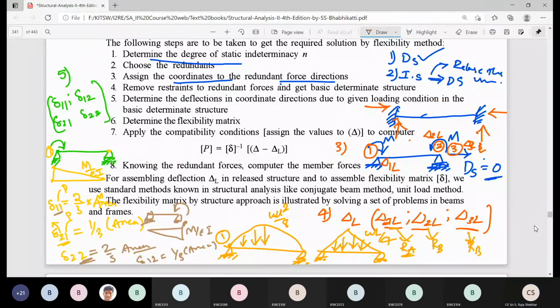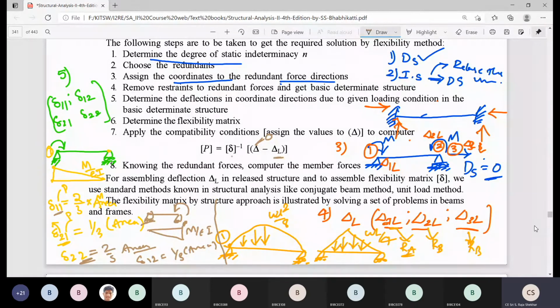After calculation of this flexibility matrix, we need to write it in matrix form. If there is no settlement of support, in that situation this delta will be considered as 0. So if you write the delta L matrix: delta 1L, delta 2L, delta 3L.